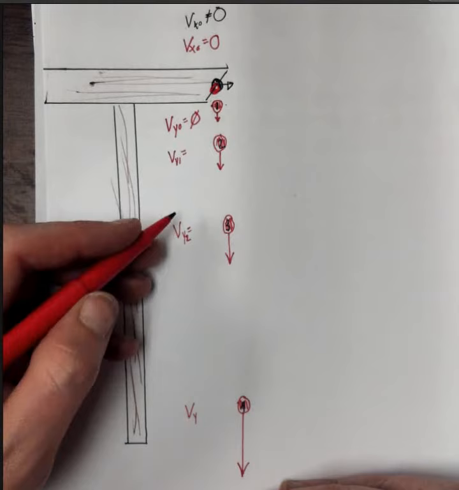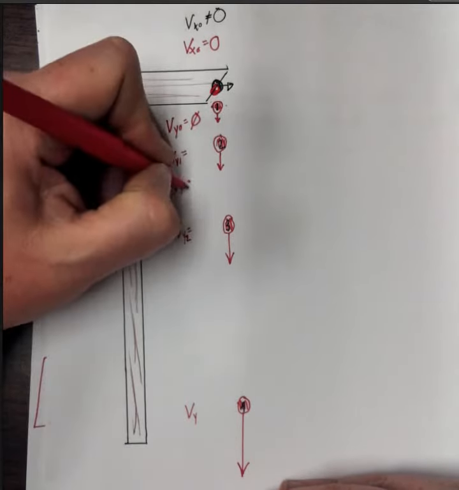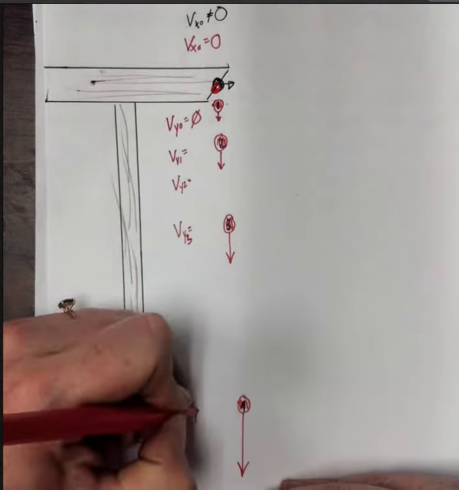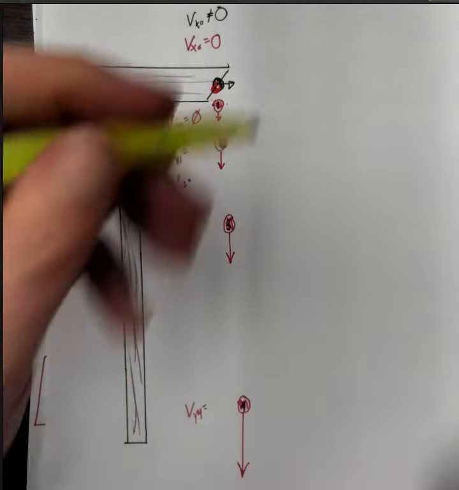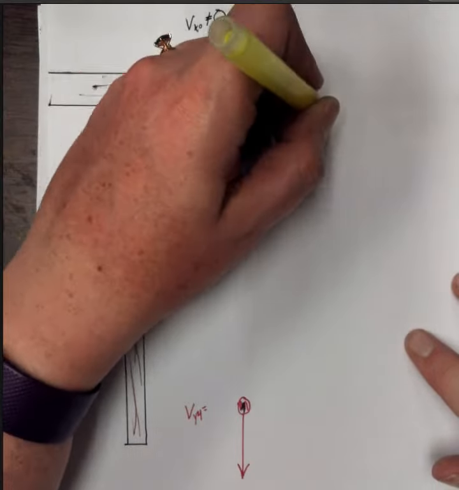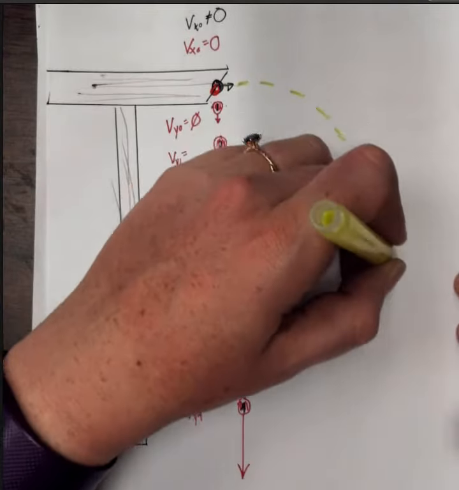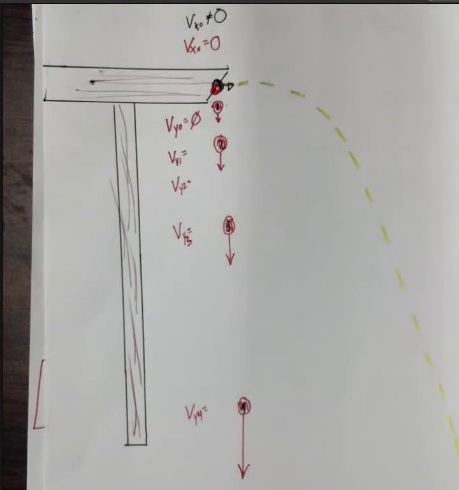Vy1, Vy2, actually Vy2 is there, Vy3 is here, and Vy4 is here. We know that that value is some value greater than 0. And likewise, here, when a ball falls off of the table, it follows this projectile path motion like this. Right? It just follows some parabola.